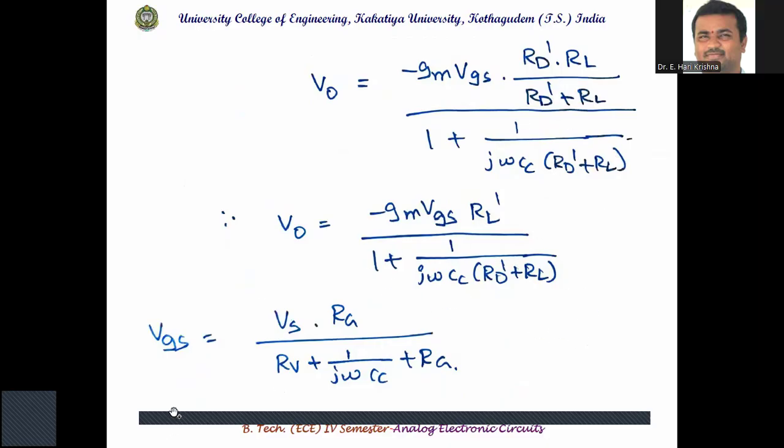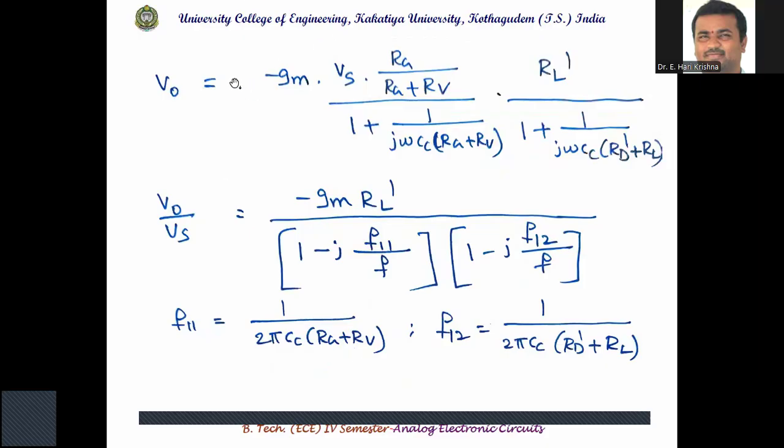Then from the input side equation, VGS is the voltage across the RG resistor. So Vs into RG by RV plus RG plus 1 by j omega Cc. In the denominator, we take RG plus RV common.